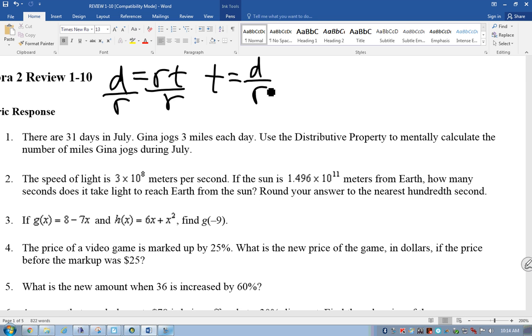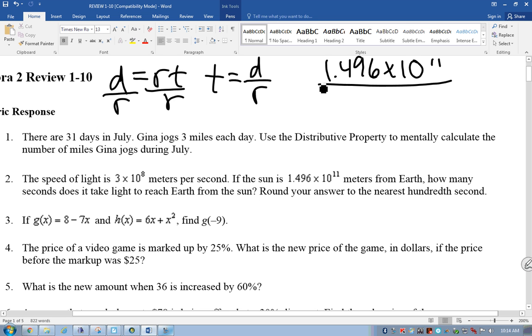Now I'm going to take my distance number, 1.496 times 10 to the 11th, and divide it by the rate number, which is 3 times 10 to the 8th. In my calculator I do 1.496 divided by 3.